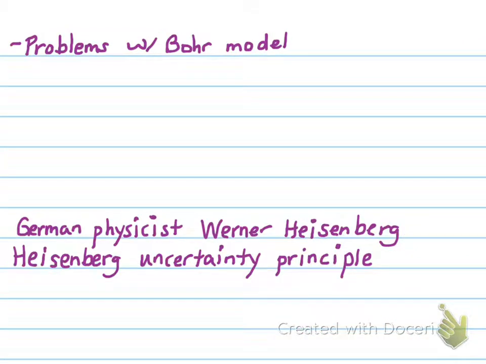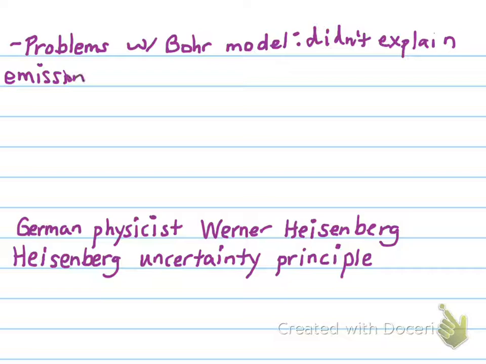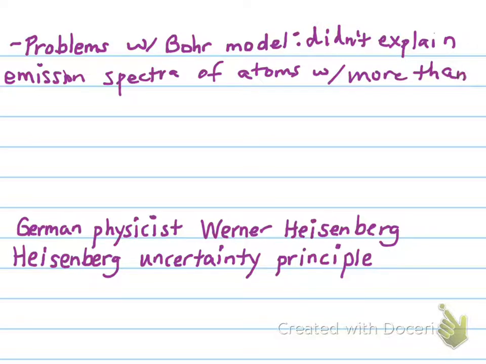So there were some problems with the Bohr model, as we're kind of familiar with, but we're going to kind of review those again. So the problems with the Bohr model is that it didn't explain the emission spectra of atoms with more than one electron. Remember that Bohr had purposely chosen hydrogen because it was simple and only had one electron.